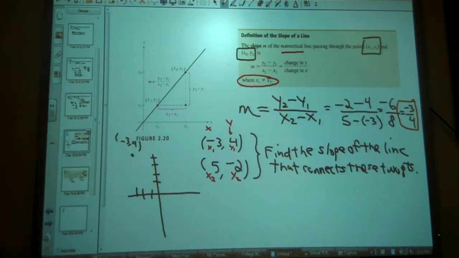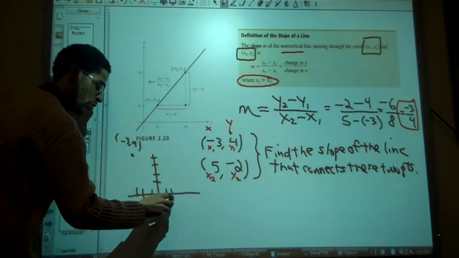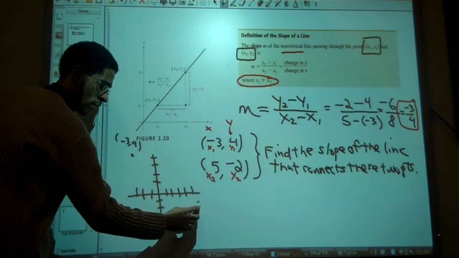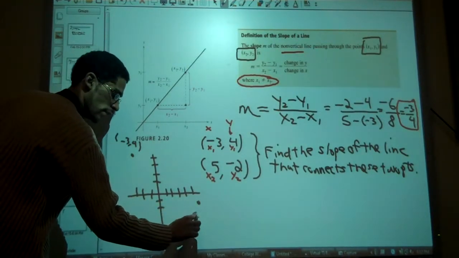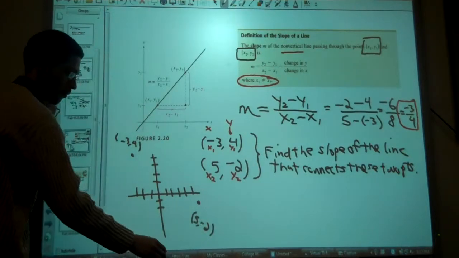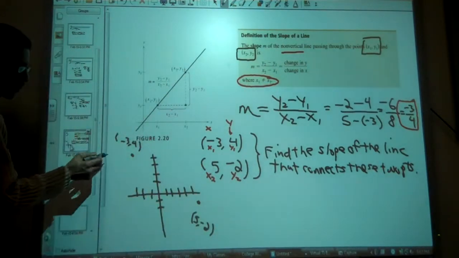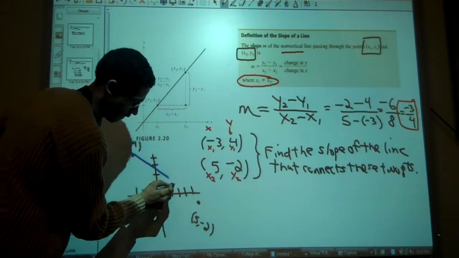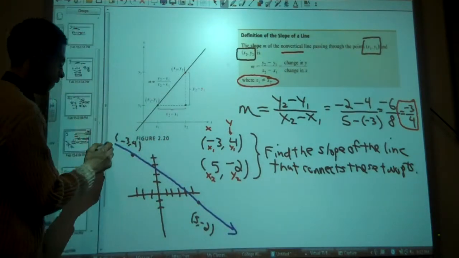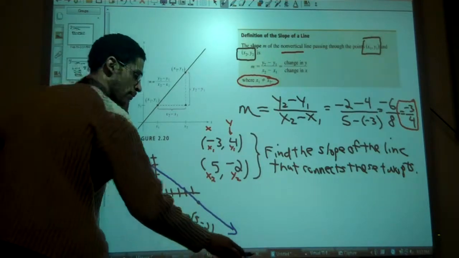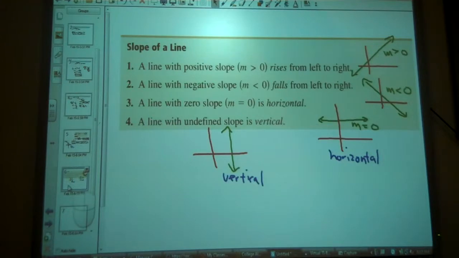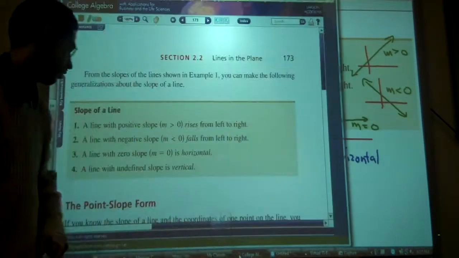And the other point was 5, negative 2. 1, 2, 3, 4, 5. Go down 2. We'll put it right there. Yeah, when we connect those, we get a line that falls from left to right. Negative slope. Okay, good. Questions about that? Alright, sounds good.